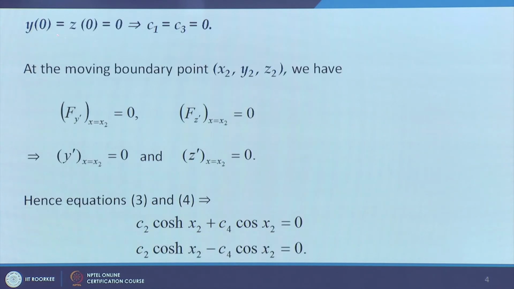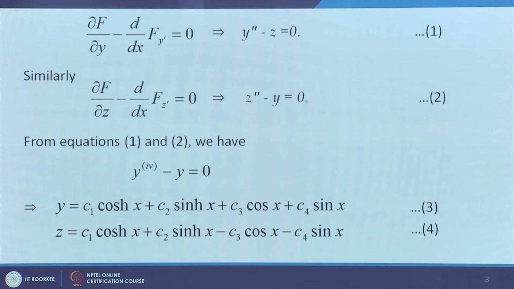So now let us apply the conditions y(0) equal to 0 and z(0) equal to 0. When you put y at x equal to 0 as 0, what we get is c1 plus c3 equal to 0, and z(0) equal to 0 gives us c1 minus c3 equal to 0.